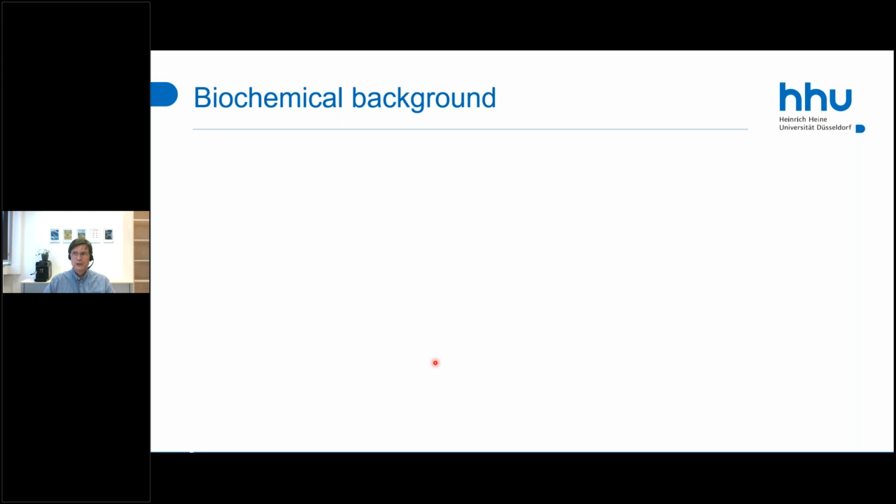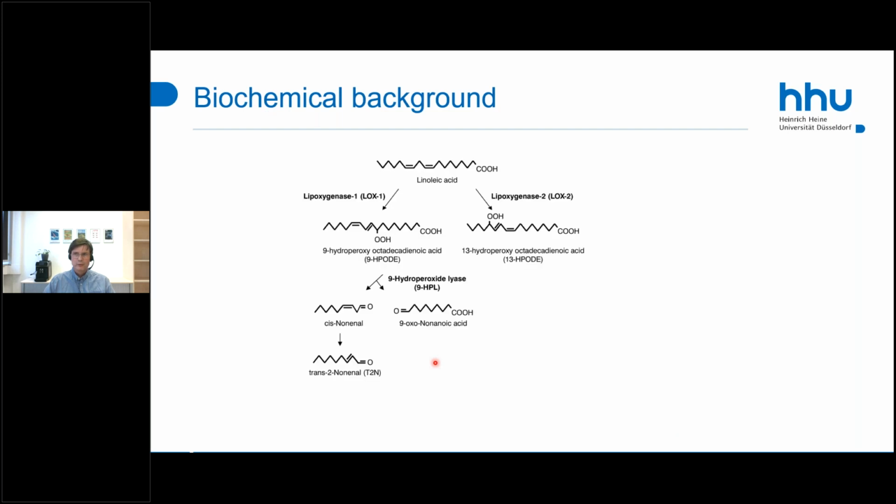If you look at the biochemical background, you can identify that this is due to the oxidation of linoleic acid. The final product is given here, the trans-2-nonenal, and this makes this off flavor, this cardboard flavor of beer, due to the oxidation of the linoleic acid.